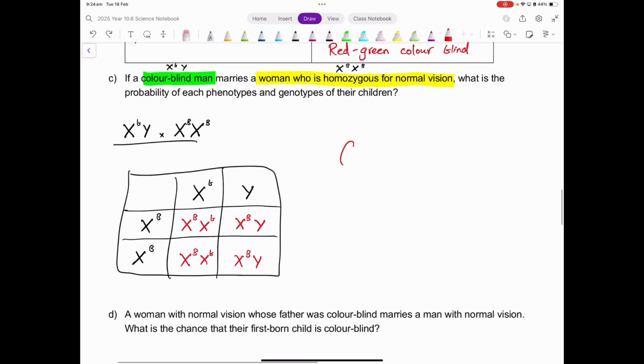So, genotype, phenotype. In terms of this genotype, how many potential options are there for us? 2. There is a 50% probability of X, capital B, X, little b, and a 50% probability of X, big B, Y. So what are the odds now?